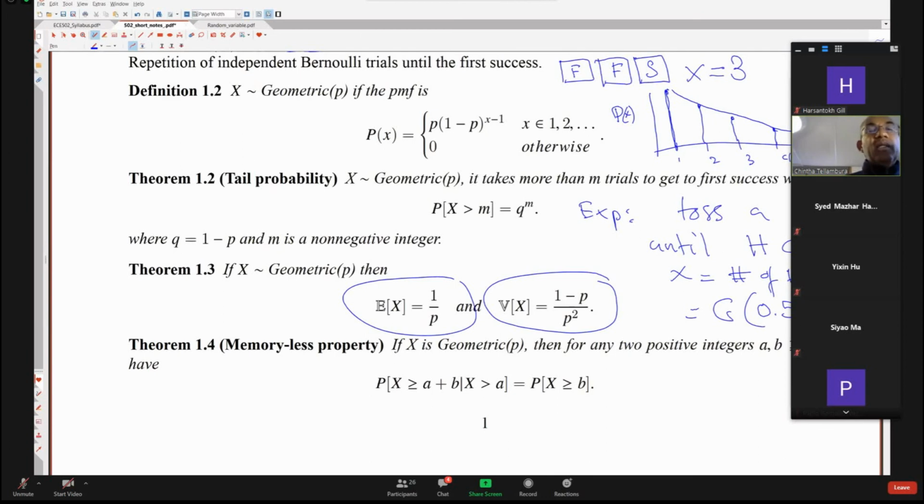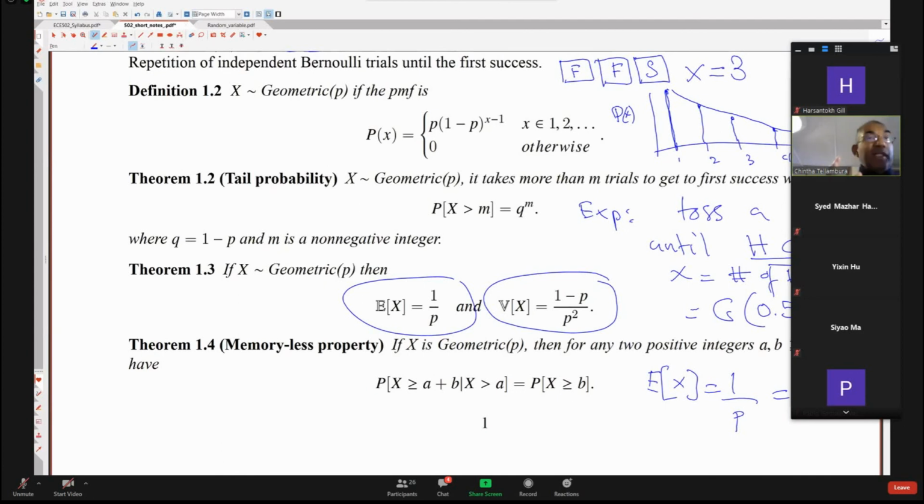So on average, I will take 2 tosses, because E of X is 1 over P, so that's equal to 2. On average, I'm going to need 2 tosses to complete this experiment. The completion condition is that an H comes up. That's the success condition.